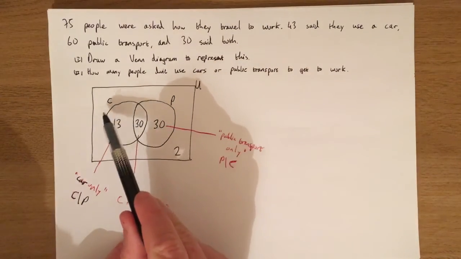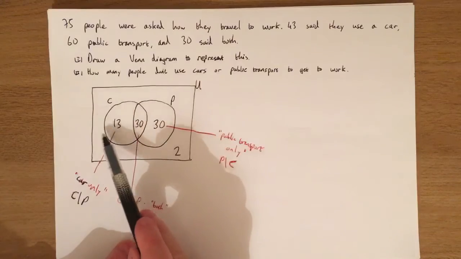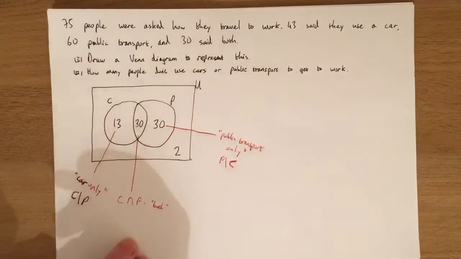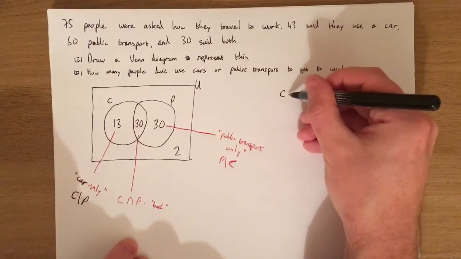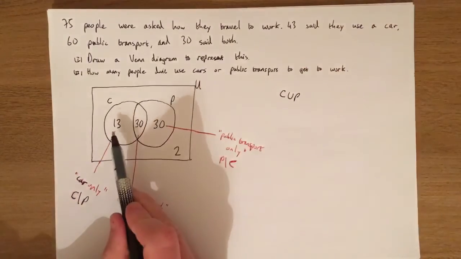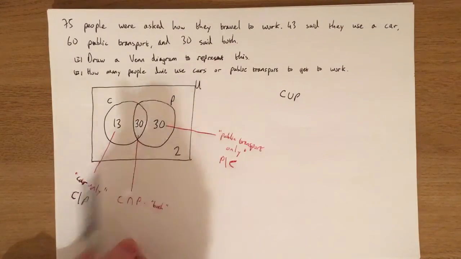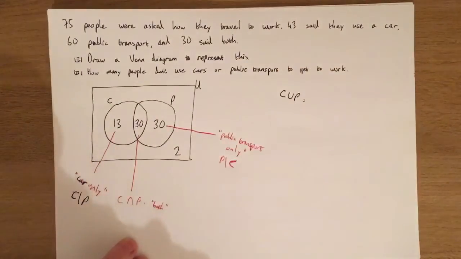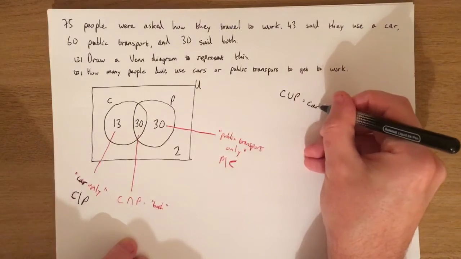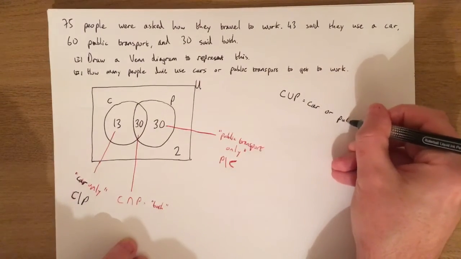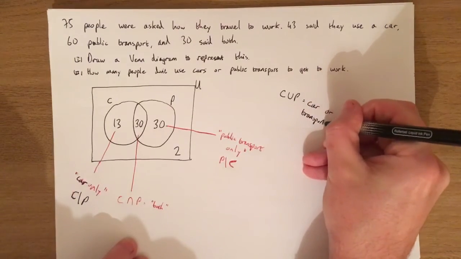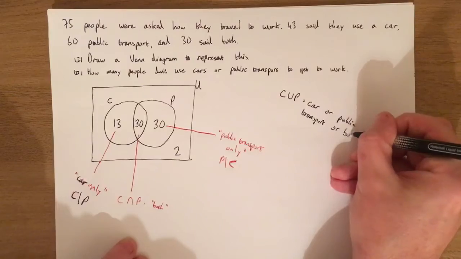Some other regions then on the Venn diagram. So everyone in C and P. So these 13 people, these 30 people, these 30 people. So the 73 people who are on that Venn diagram in the two circles in total, they would be C union P. So that's the 13, the 30, and the 30. And if I was describing them, a slightly trickier one to describe, I would say car or public transport or both.